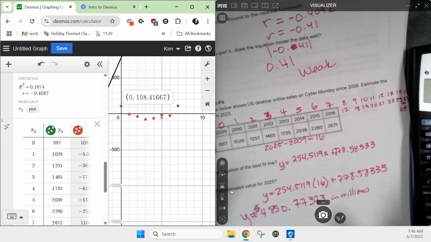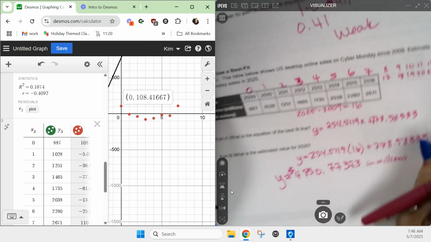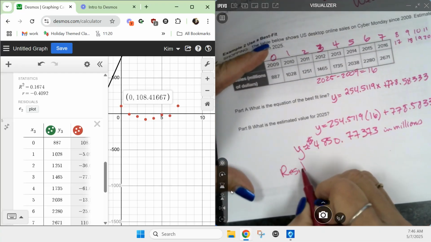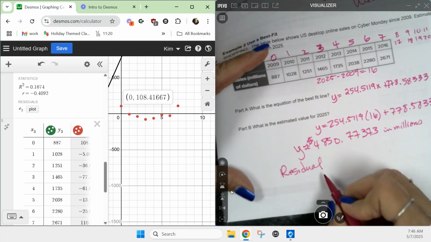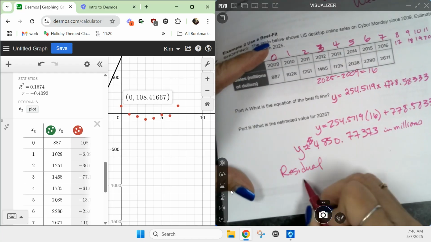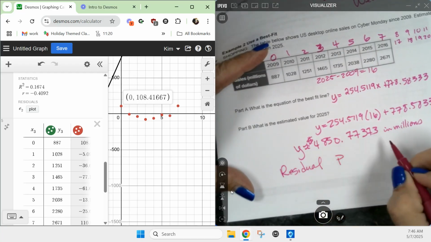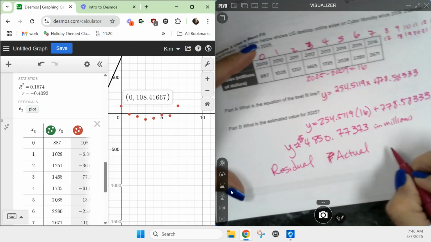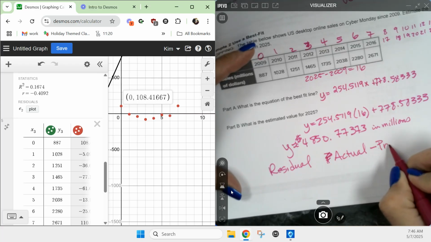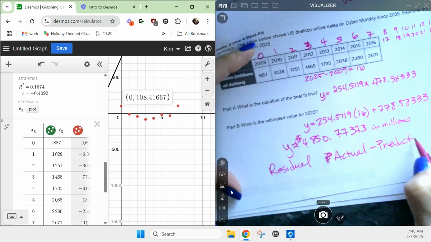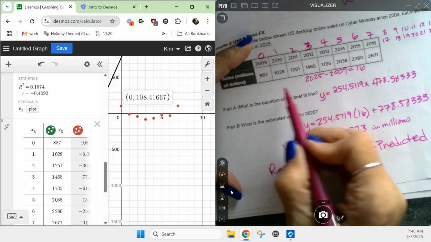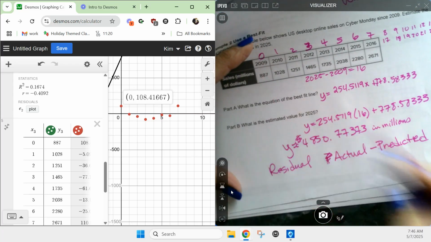Okay, so I'm going to put this down here at the bottom. For the residual, it's taking the actual and subtracting the predicted. So I'm going to take the actual for 0, which is 887.